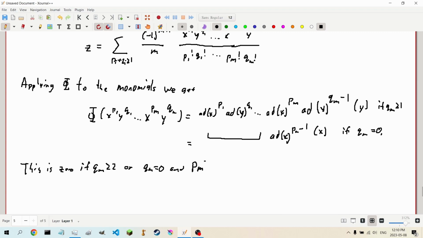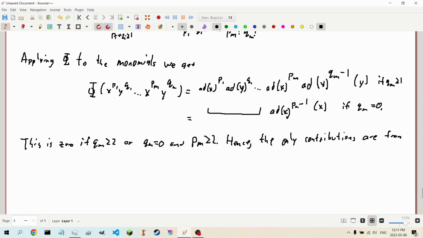Let me write that better. Hence, the only contributions are from qm equals 1 and from when pm equals 1, qm equals 0.